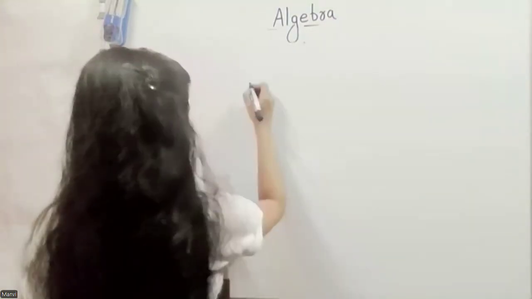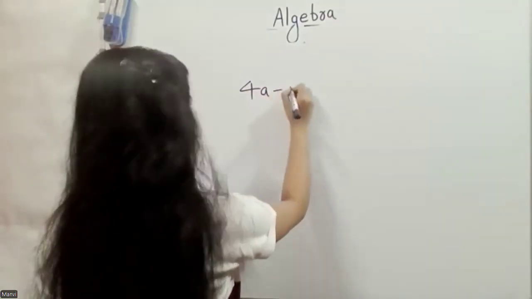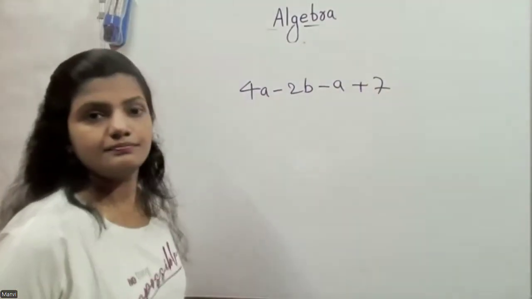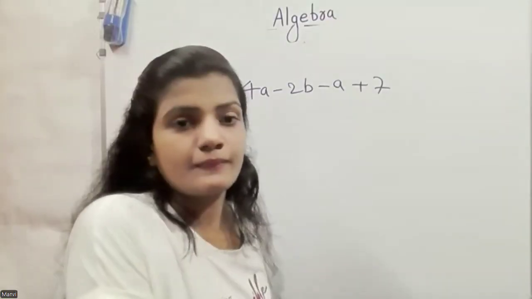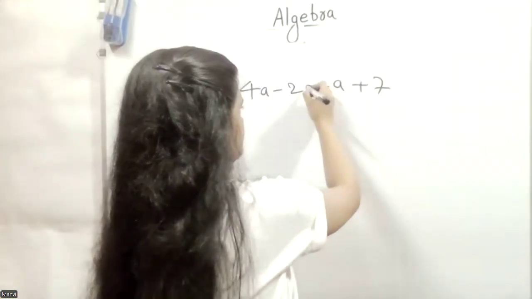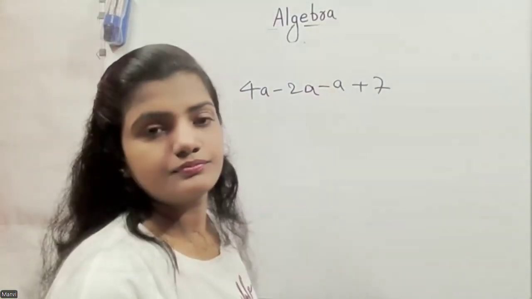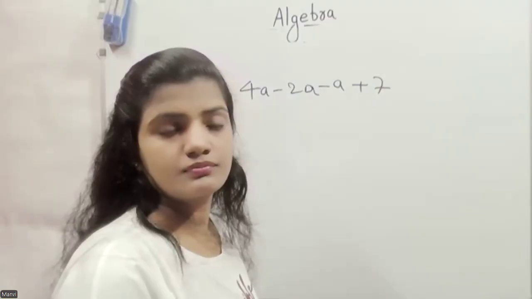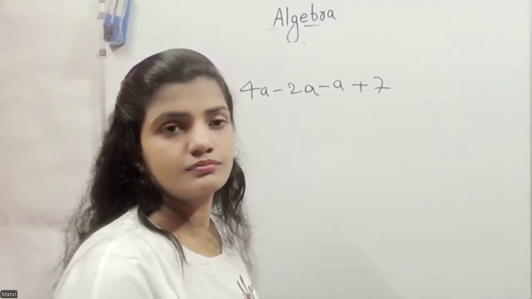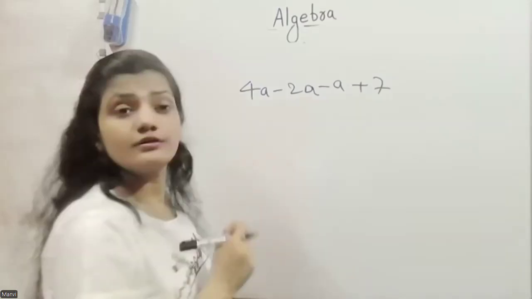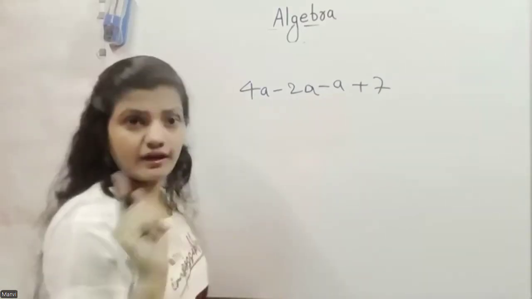Okay, now if we have a question like this, 4a minus 2b minus a plus 7, this is minus also a. 4a minus 2a, 2a minus a, which is a.